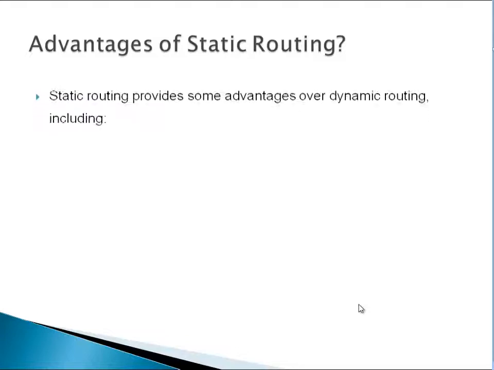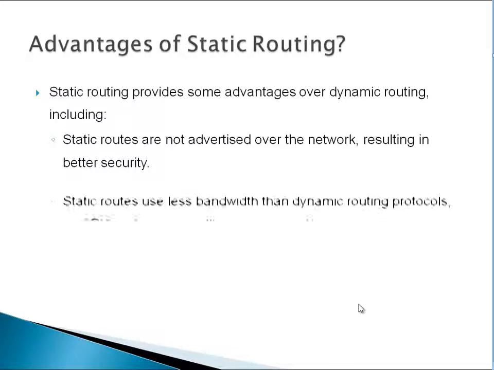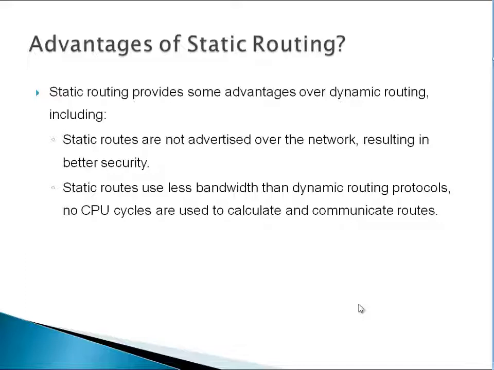The advantage of static routing is that static routes are not advertised over the network, resulting in better security. The second advantage is static routes use less bandwidth than dynamic routing protocols. No CPU cycles are used to calculate and communicate routes. The third advantage is the path a static route uses to send data is known.